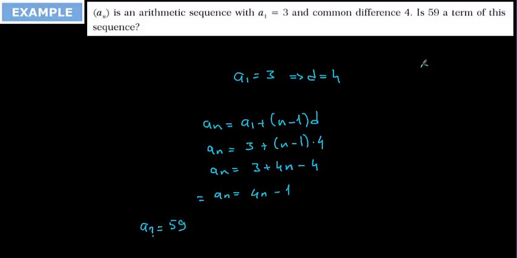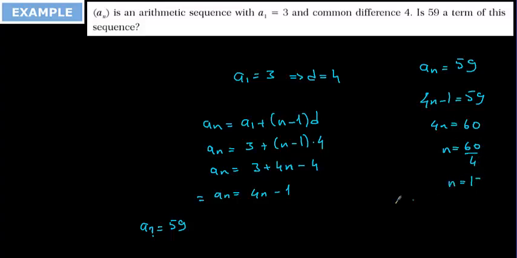So an is equal to 59, which means 4n minus 1 is equal to 59, 4n is equal to 60, n is 60 over 4, which is equal to 15. So A15 is equal to 59. Is 59 a term of the sequence? Yes, it is the 15th term of the sequence.